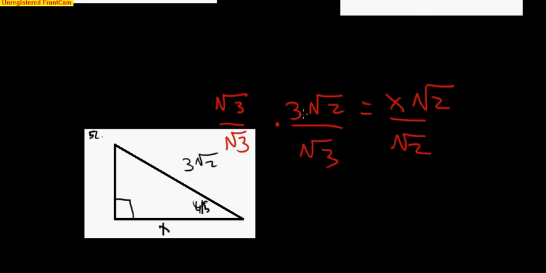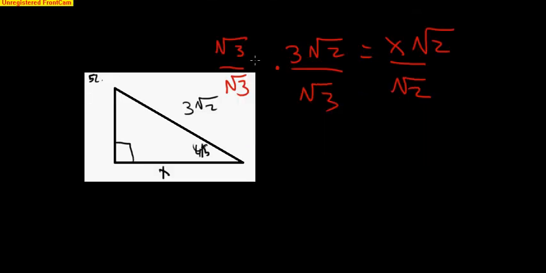Now, you can do this because any number divided by itself is 1, okay? And because when you multiply any number by 1, it doesn't change, we're simply changing the form of the number, but we're keeping it the same.